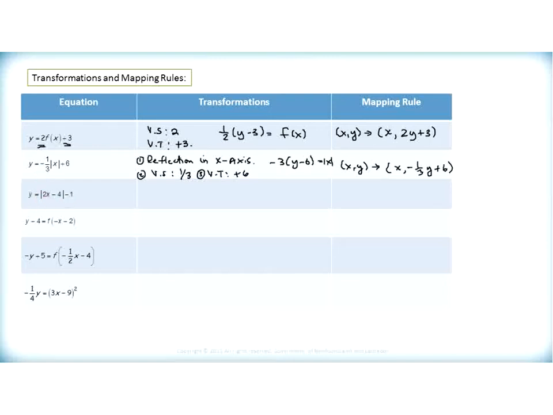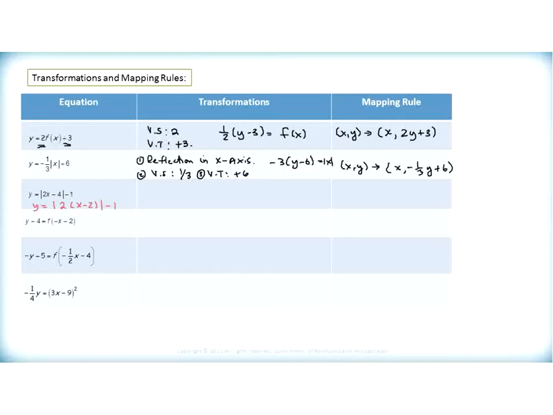Let's look at this example here. y equals the absolute value of 2x subtract 4, subtract 1. What's very important about this equation is that it is not completely written in the form we want it. We need to rewrite this equation as y equals the absolute value of 2 outside of x subtract 2, subtract 1.